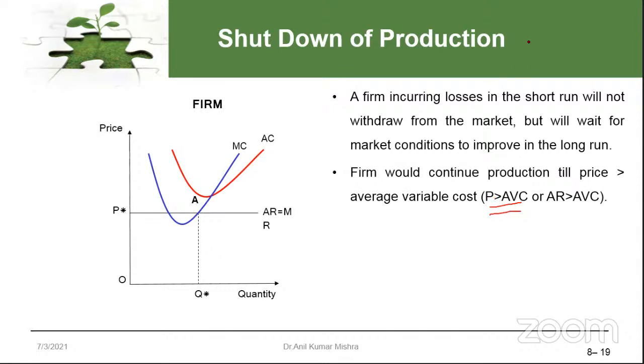The equality between average revenue and average variable cost. Or we can say the total revenue exactly equals the total variable cost. When they are equal, then we can say yes, this is the shutdown point. If at any moment the price falls below the variable cost, he may quit the business.